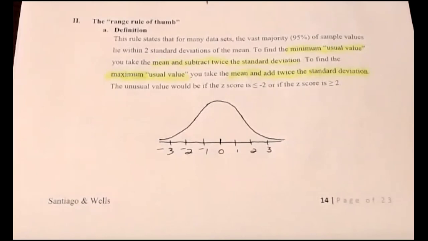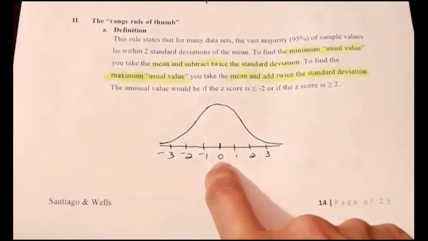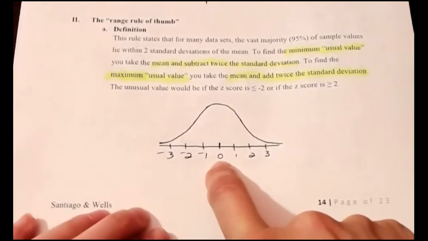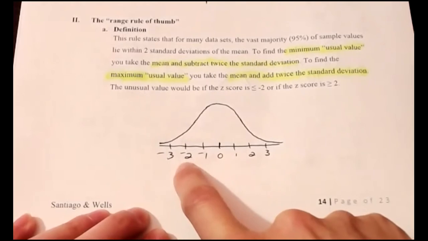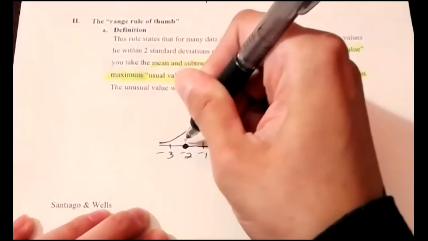Okay, first things first, you're told that the minimum usual value would be found by taking the mean. By the way, here's the mean, right? It's right in the center of the data. And then you subtract twice the standard deviation. What that means is you would be 2 standard deviations below the mean. So this would refer to a z-score of -2.